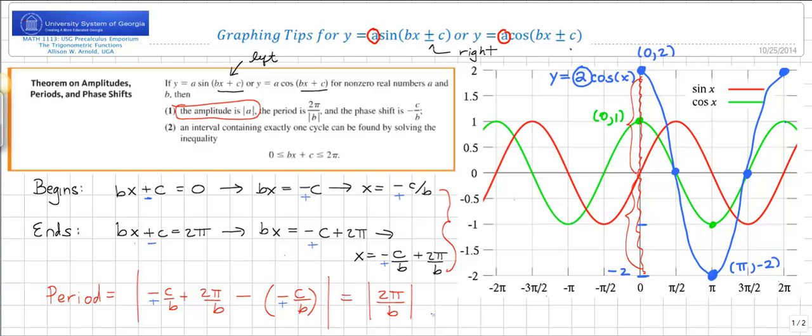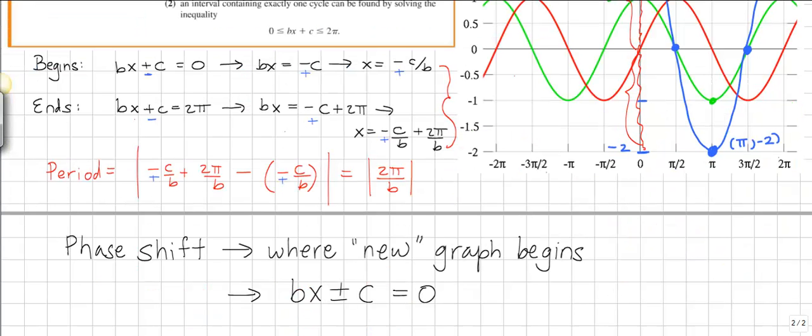Okay, so now as far as your phase shift is where you begin after you've done the horizontal shifting and horizontal stretching and compressing. So your phase shift for either sine or cosine is determined by making the substitution.